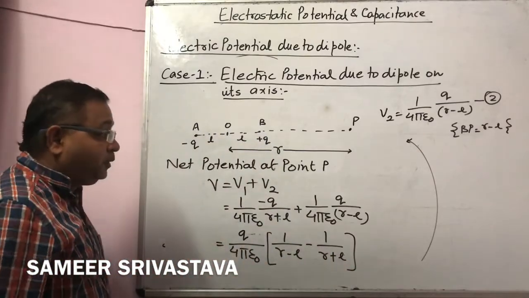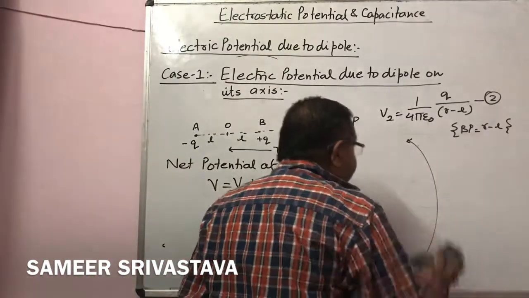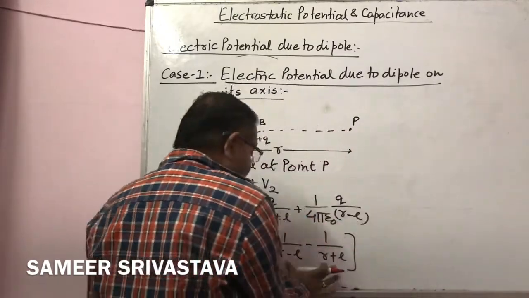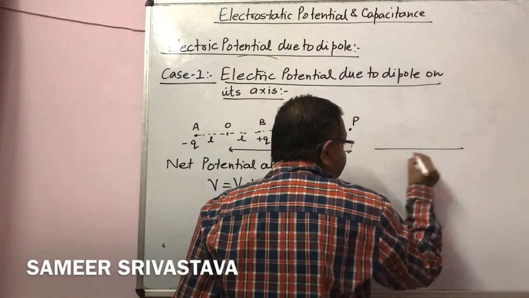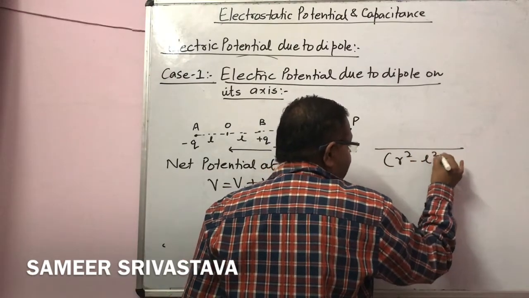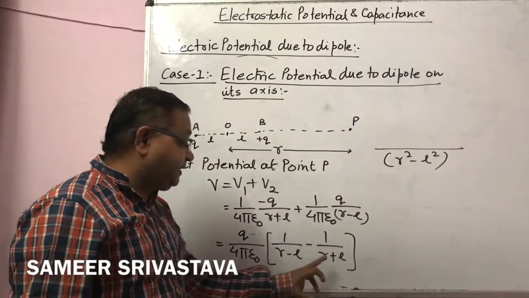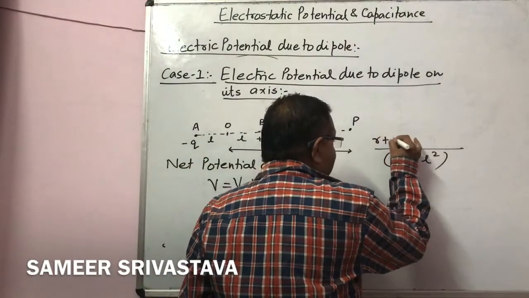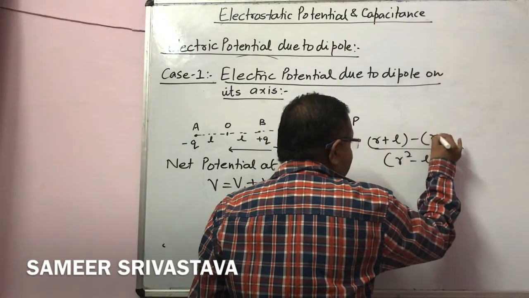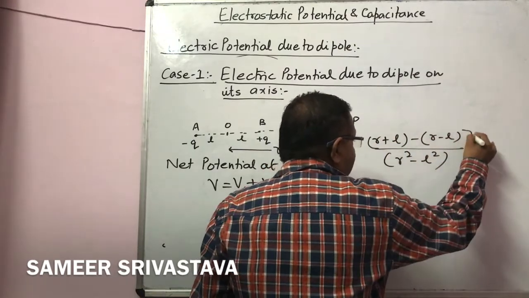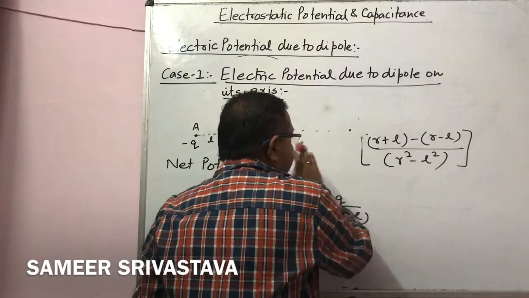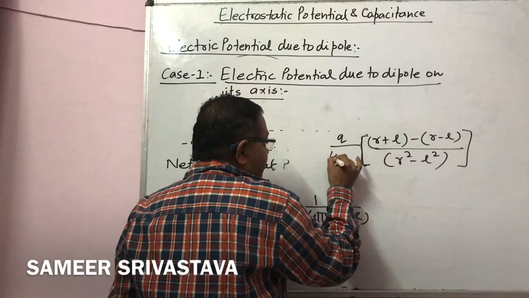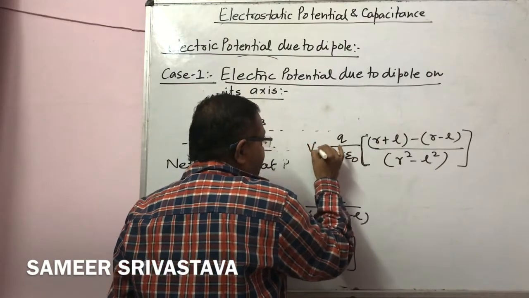Now, if we solve it, what is the final result? When we take the LCM, we can write r square minus l square. Why? Because a plus b times a minus b is a square minus b square. And in the numerator, r plus l minus r minus l, multiplied with q upon 4 pi epsilon naught, that is equal to V.